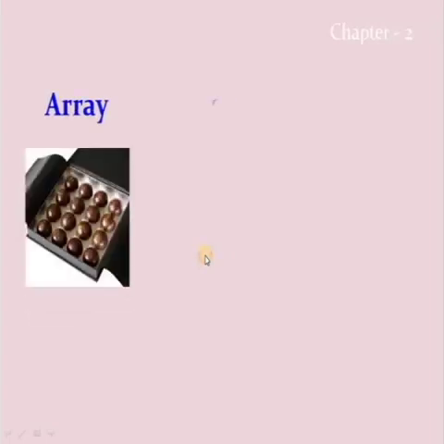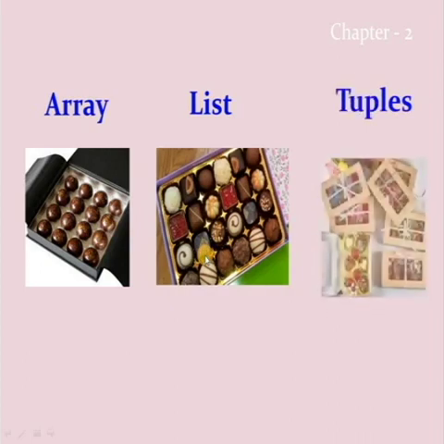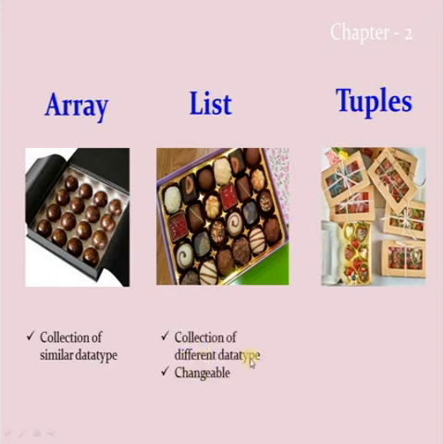Do you remember the word array in C++? Can you see a sweet box? This box is containing only one kind of sweet, because I want to represent the array as a collection of similar data types. Then what about list? On seeing this, can you guess the difference? Same sweet box, but different types of sweets. So a collection of different data types. Then what about this?